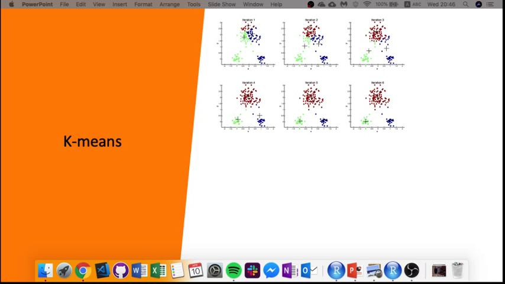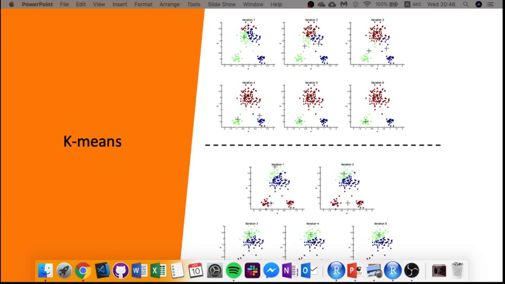Although in the second part of the image, the centroids are not initialized correctly, and they cannot form the groups that we want them to form. So the first initialization is very, very important.